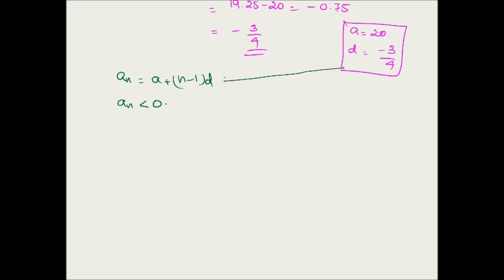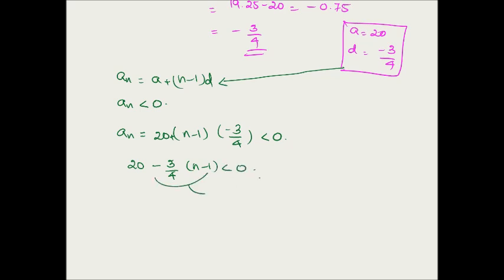So we will substitute the values of a and d here. an is equal to 20 plus n minus 1 into minus 3/4, which is less than 0. That is, 20 minus 3/4 into n minus 1 is less than 0.